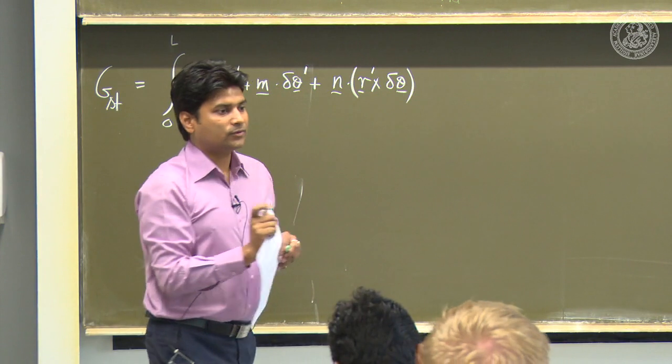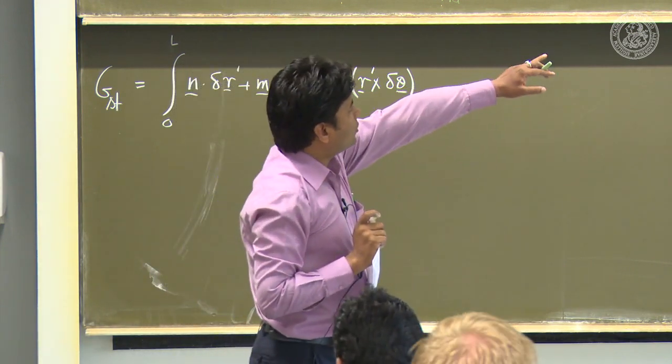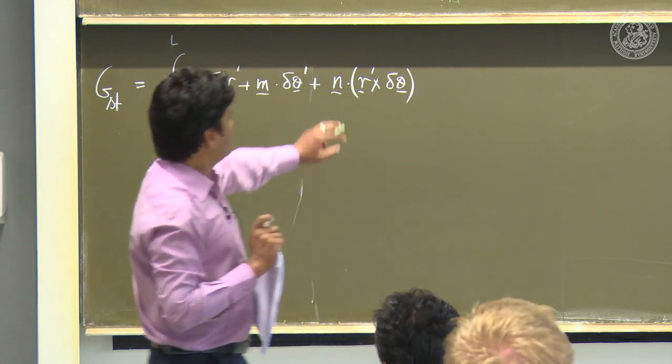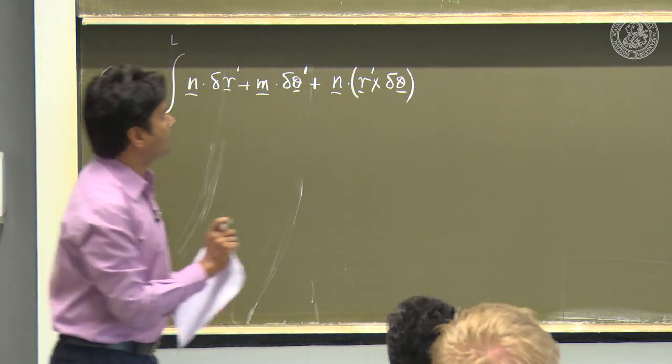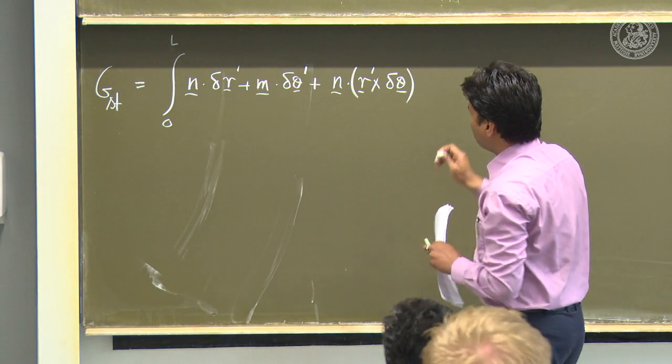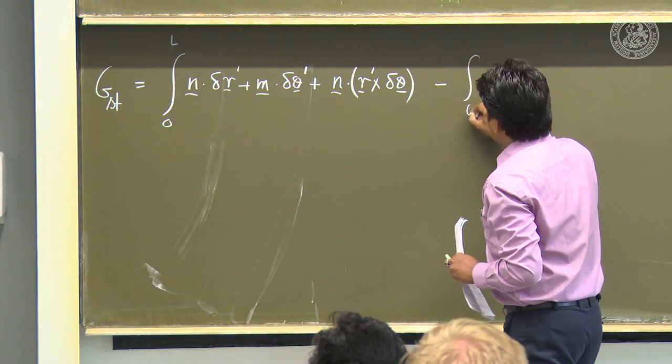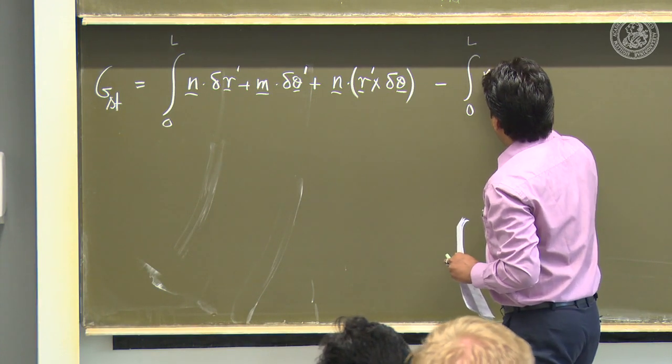Can we do that? We just switch the dot and cross because it is a scalar triple product. So we take care of the first three terms, and then we have remaining terms.